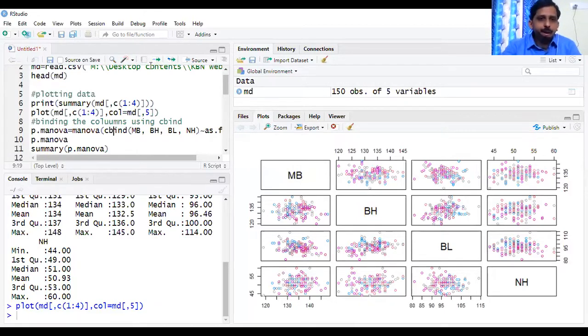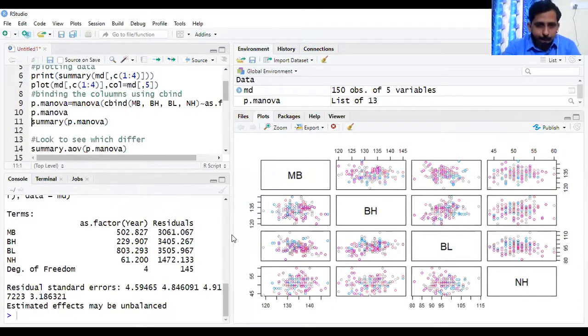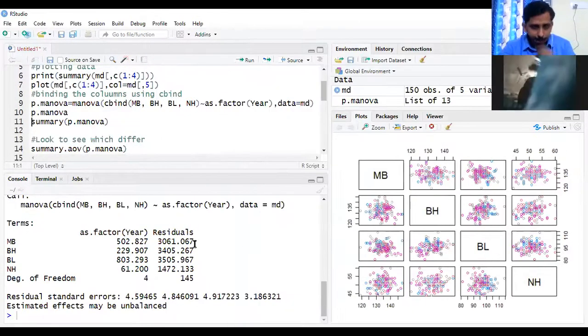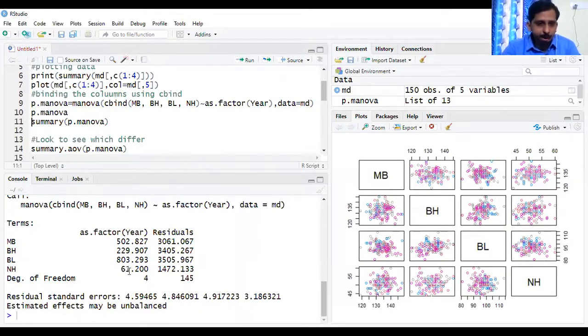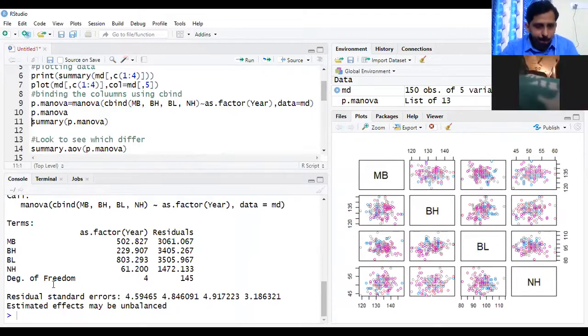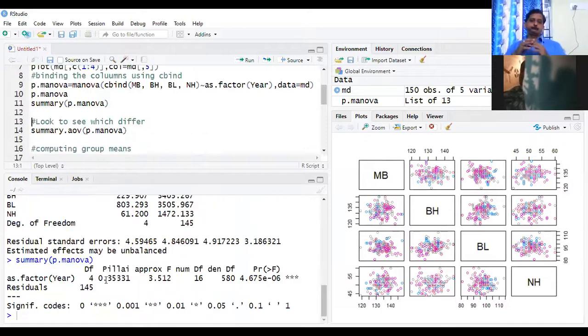Now let us compute the MANOVA, and this is what MANOVA stands for. These are all the sums of squares due to each factor and then residuals, but we will get more understanding from the summary of ANOVA. To compare more than two groups with a multivariate response, you can use Pillai's trace, Roy's test, Hotelling's statistic.